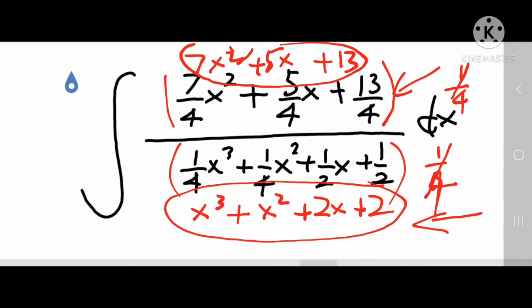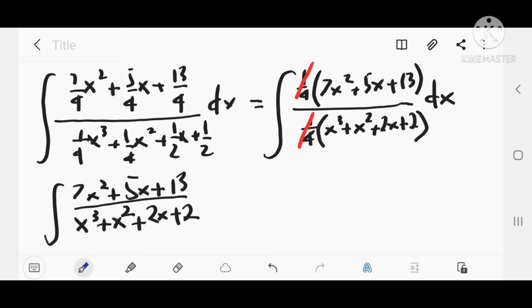So let's put everything into practice. We will have the integral of 7x squared plus 5x plus 13 all on x cubed plus x squared plus 2x plus 2 dx, as we've explained in the intro.